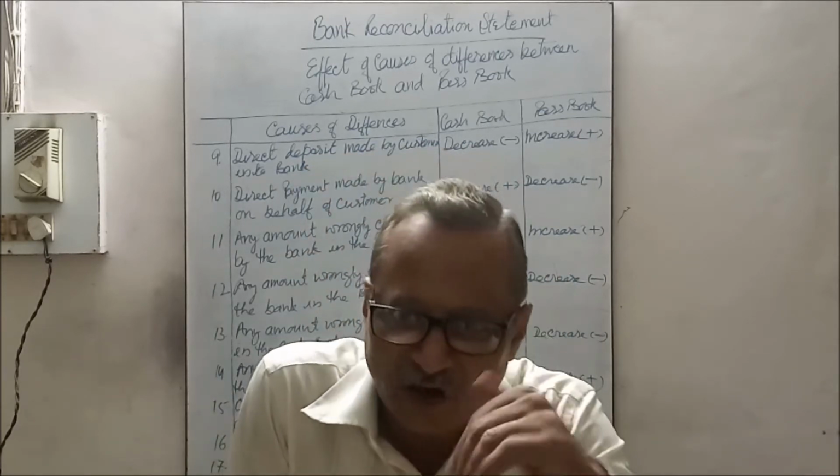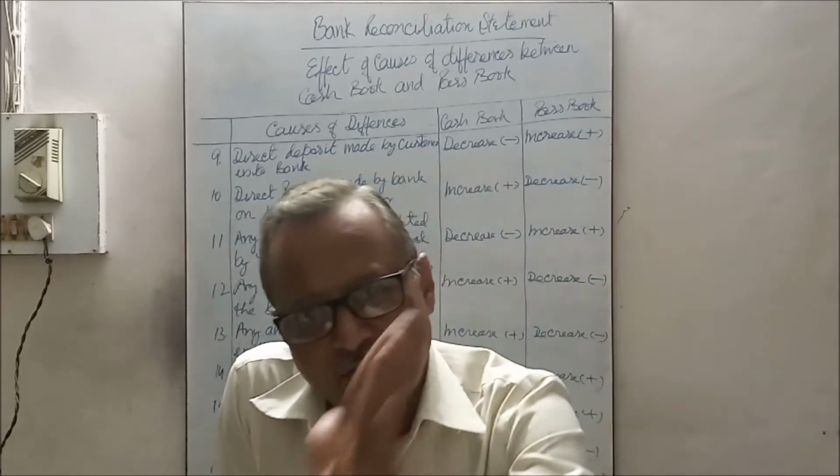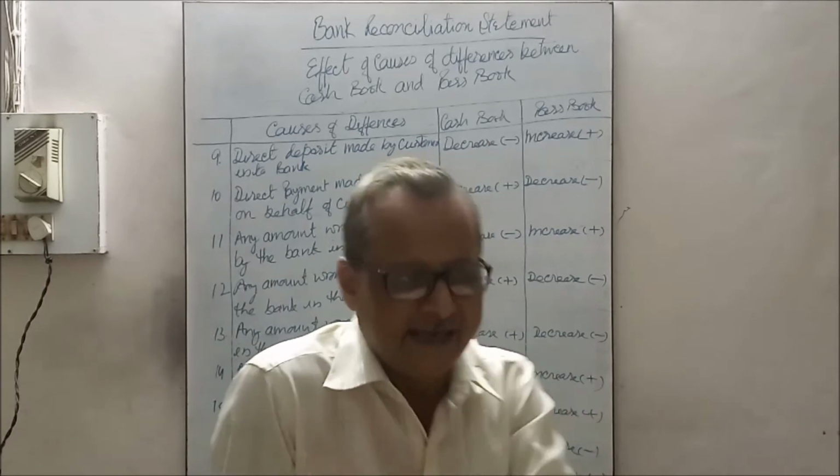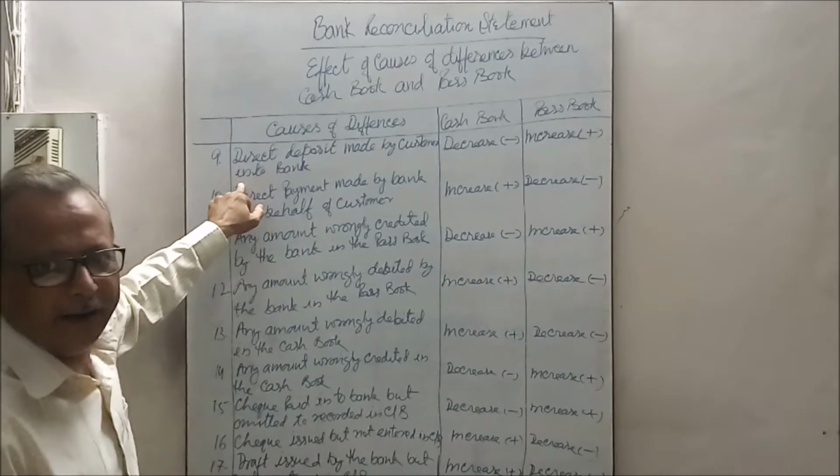What is the effect if an item is recorded at one place and not recorded in the other place? See here, the direct deposit made by a customer into the bank.